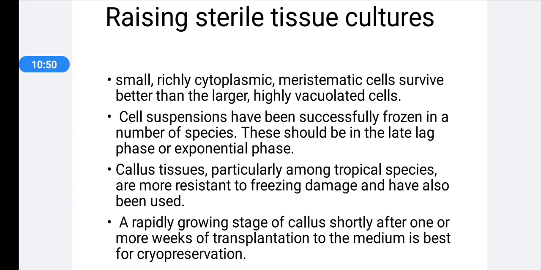You can also take callus tissues, particularly among the tropical species, because these callus tissues are more resistant to freezing damage, and they have been used mostly for germplasm conservation. And if you are taking callus tissues, you have to take a rapidly growing stage of callus, like shortly after 1 or 2 weeks of transplantation to the medium is best for cryopreservation. So you need not go to a very old callus tissue.